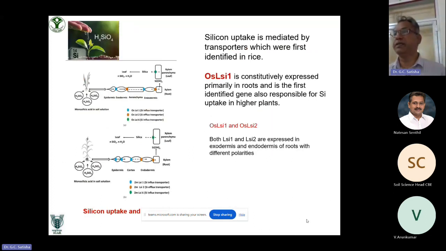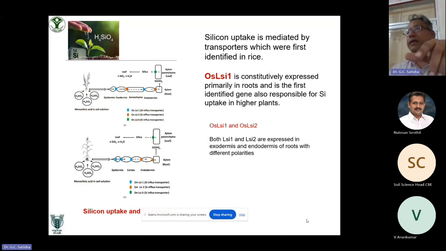Another most important aspect is that silica mobility is aided by some promoters, or what we call transporters. Initially it was first identified as the Lsi1 gene, and subsequently in further studies, uptake of silica was noticed with the Lsi2 gene.